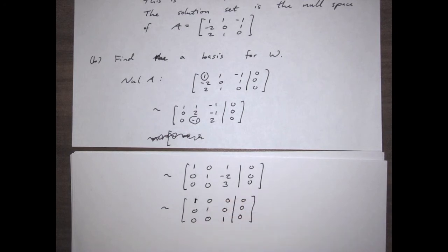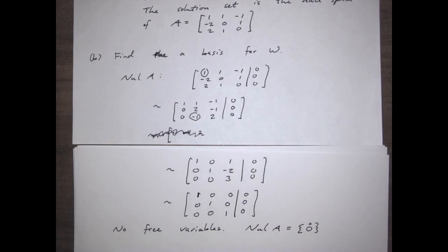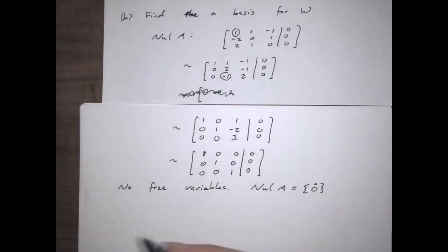The null space comes from there being free variables. There are no free variables, which implies that the null space is the trivial subspace. So the null space of A is equal to the zero vector. So there is no basis.